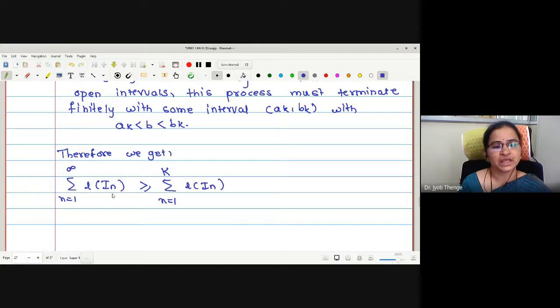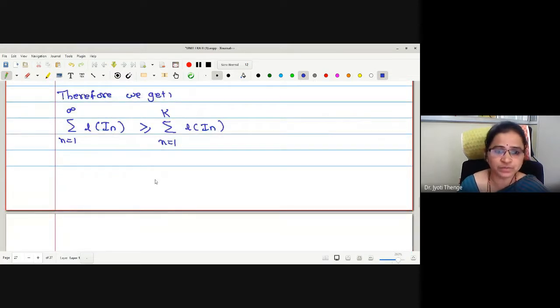Right now, this is the length of countable collection of open cover, and this is the length of finite open cover. Surely the length of countable open cover is greater than or equal to length of finite subcover. Correct, no? Now how many terms we have in this? Length of I1 plus length of I2 dot up to length of IK.